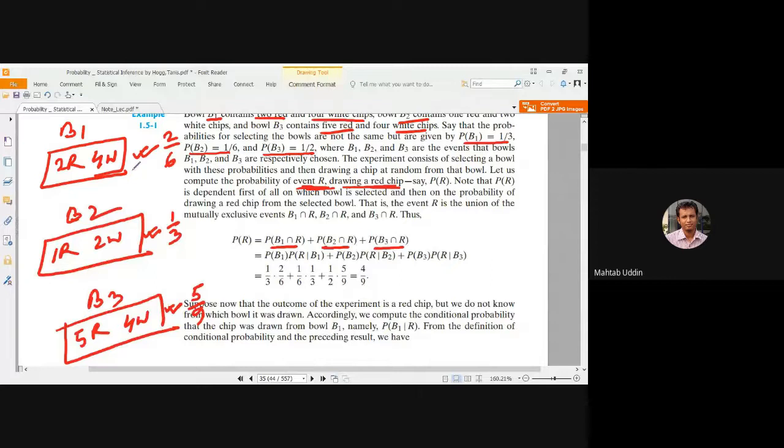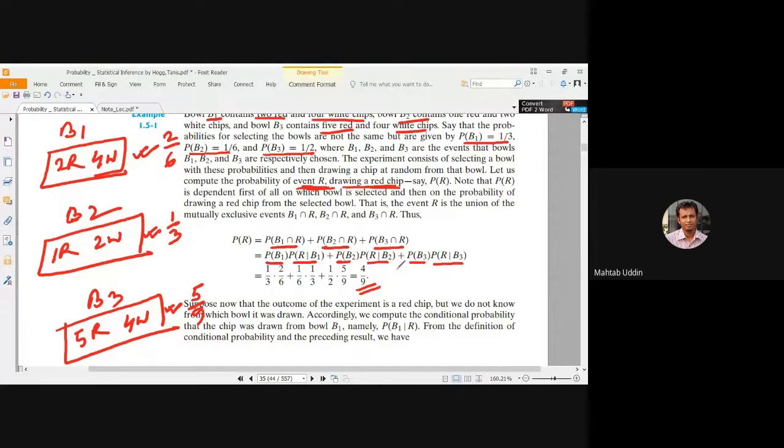You must first take the ball and then the chip from the ball. So select the first ball, then red from the first ball, select the second ball, then red from the second ball, select the third ball, then red from the third ball. Then all of the probabilities in our hand, we get what? What is the probability of getting red chip? 4 by 9.